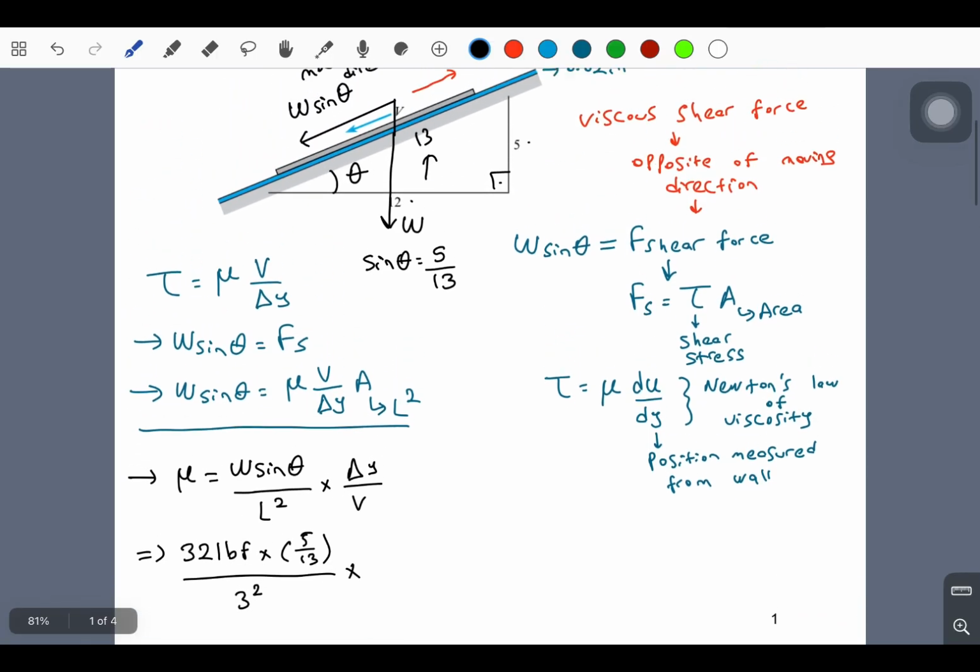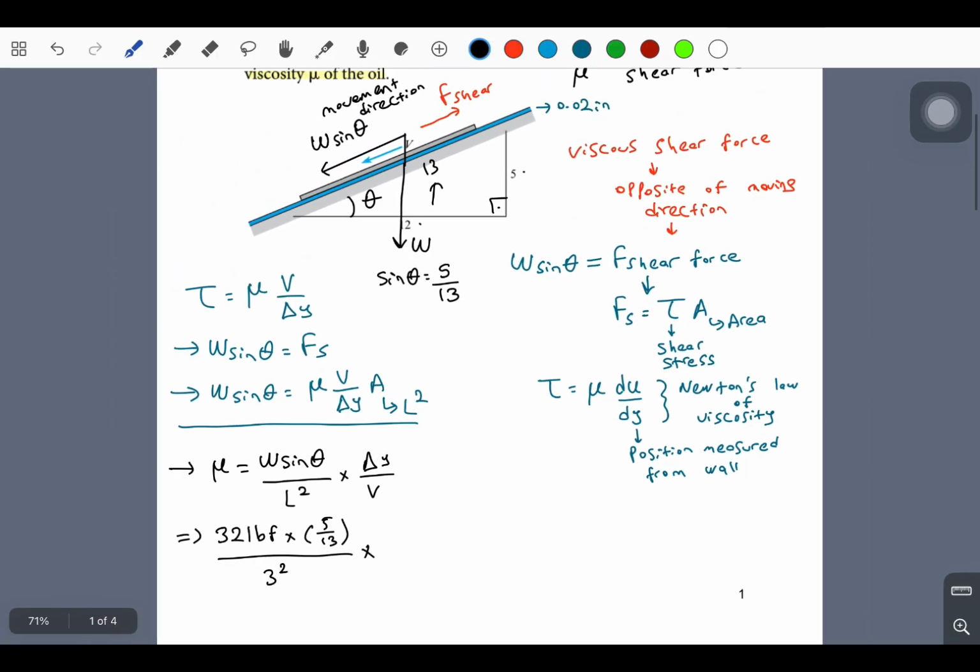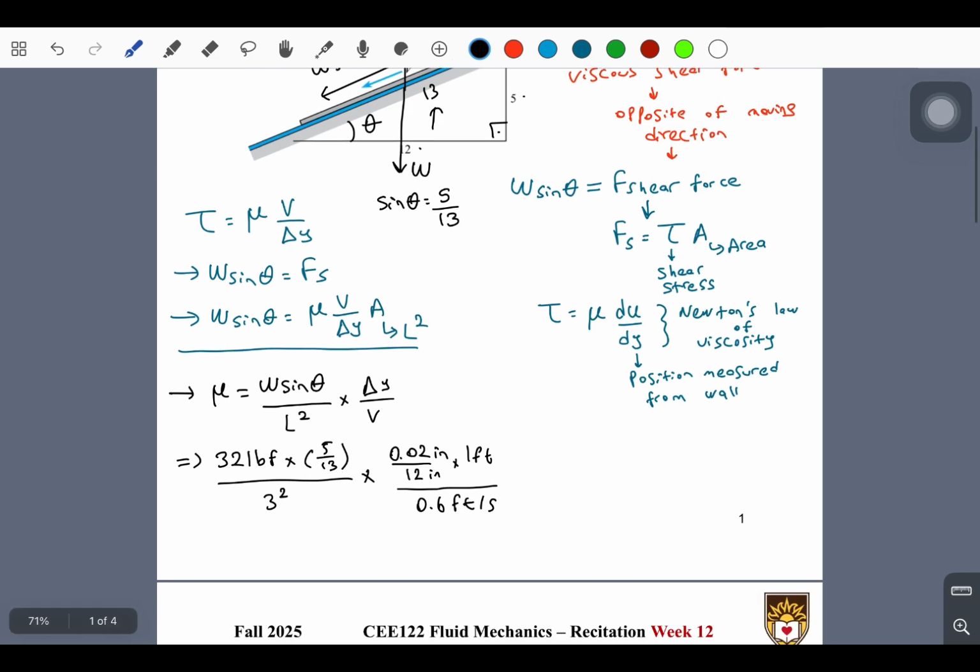The distance from the wall was 0.02 inch, and since all other units are in feet, we will be converting this inch to feet. And lastly, the velocity is 0.6 feet per second.